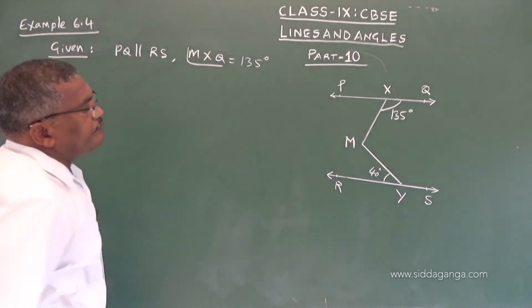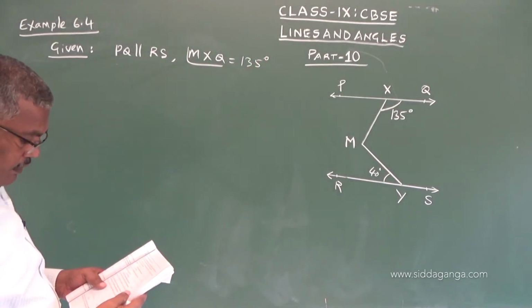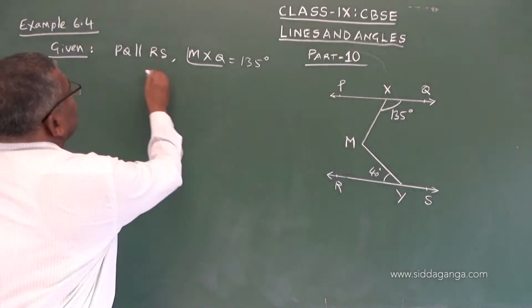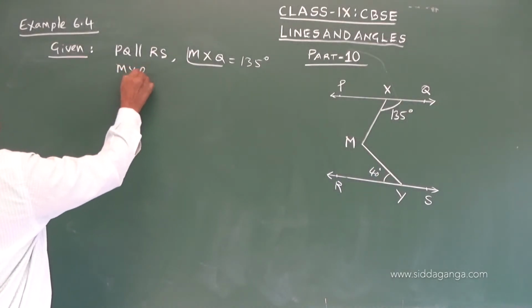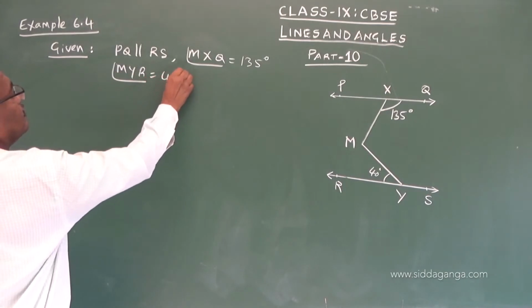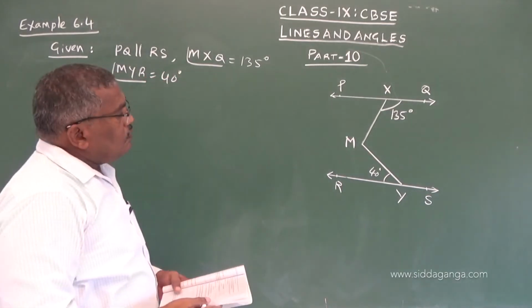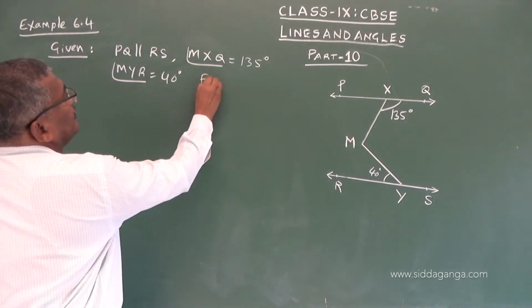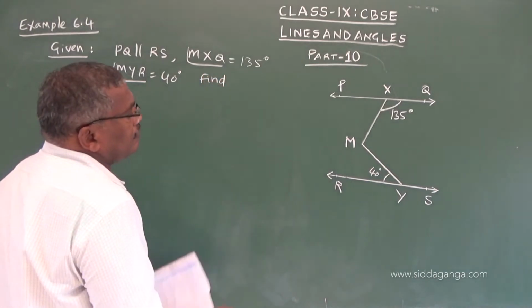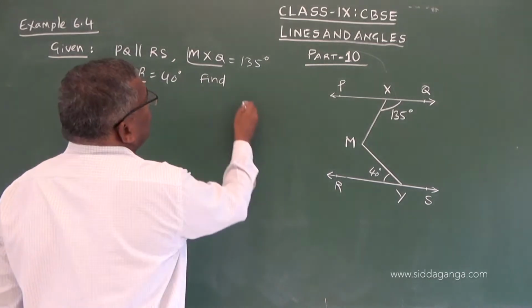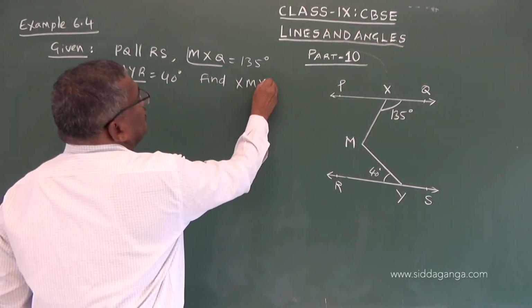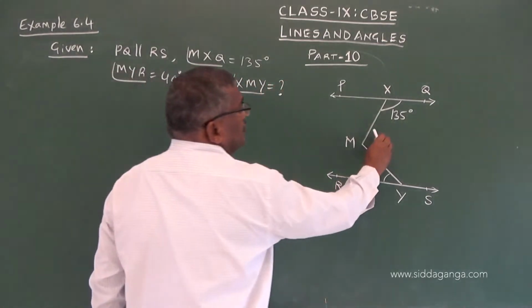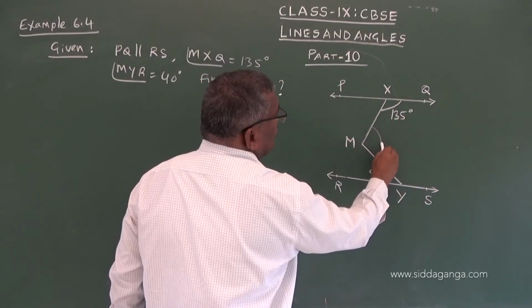It is also given. MYR is 40 degrees. It is also given. So what is the question here? Find XMY. So this angle we have to find out.